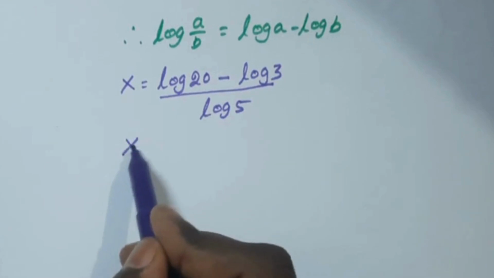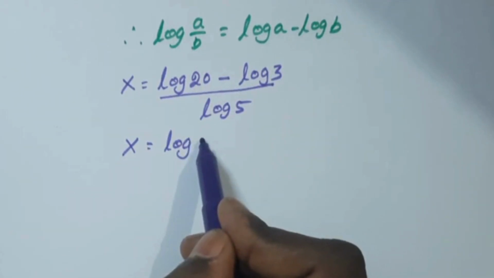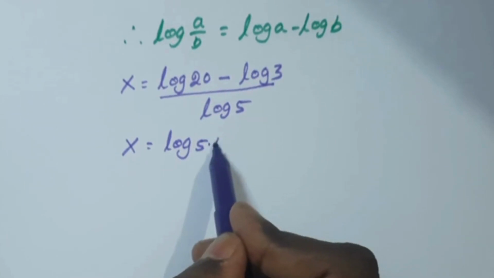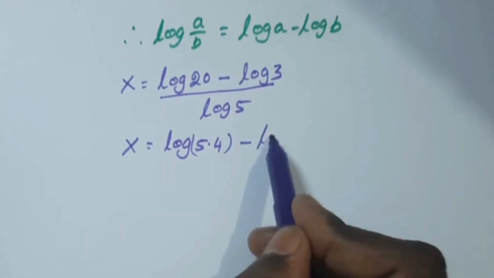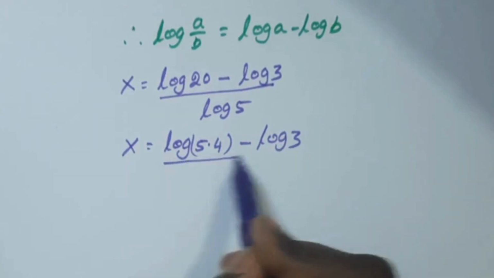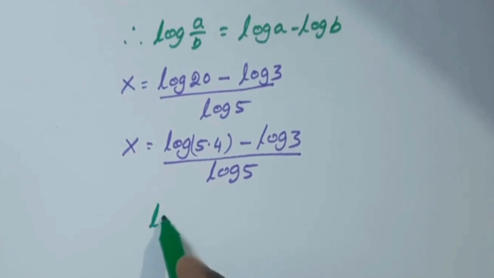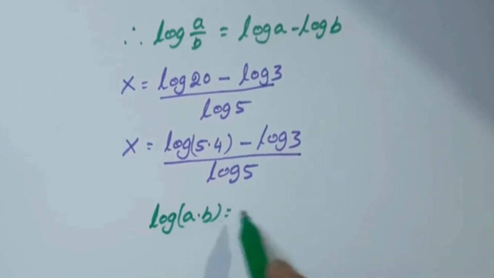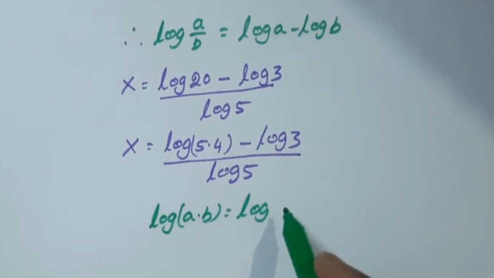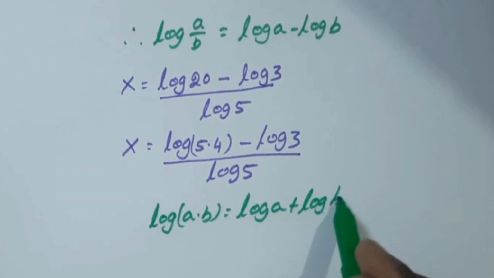This x equal to log 20 can be written as 5 into 4 minus log 3 by log 5. Log a into b equal to log a plus log b.